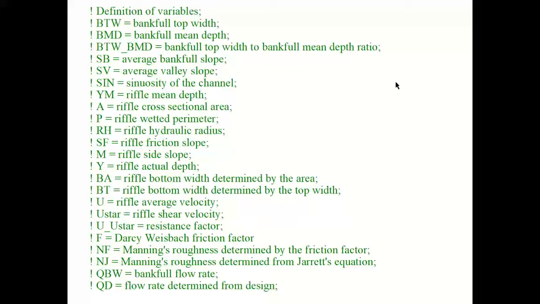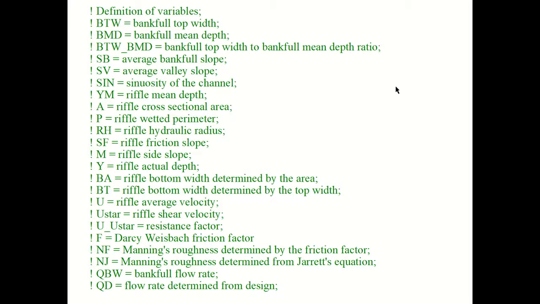As you can see, this is the input in a Lingo file where all of the variables have been defined. So you can see there's BTW, bankful top width, BMD, bankful mean depth, and then BTW underscore BMD. That's the bankful top width to bankful mean depth ratio.